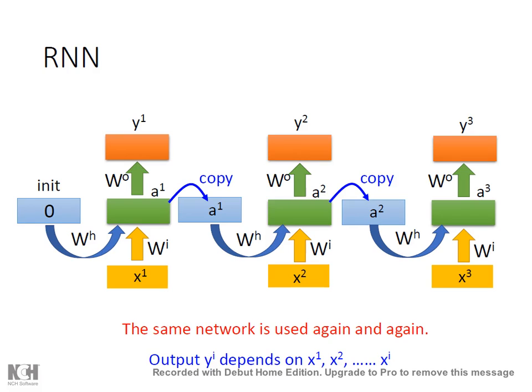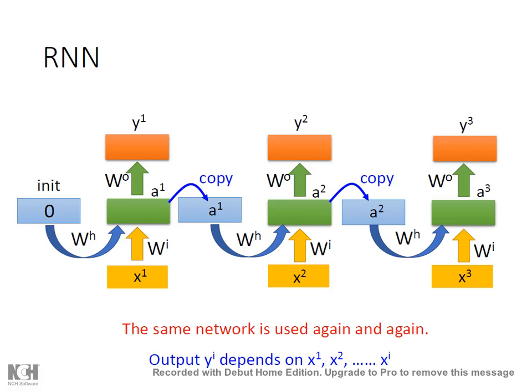This memory A1 will be used in the next time step to produce Y2. Then A2 is copied to the memory again, and we use A2 to help generate Y3. So each time you output your result, you use your memory. The memory contributes to the output.